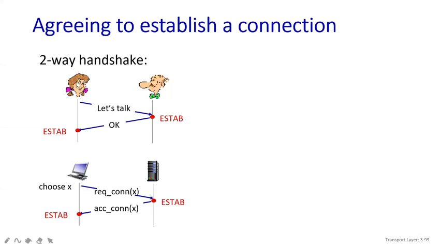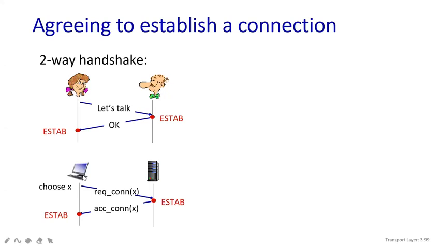Because the sender will send to the receiver, and the receiver will also send the acknowledgement to the sender. That's the reason this is a bidirectional handshake. So how are you going to do it? First you are going to send, let's talk. You are giving some state, active. Let's consider it as the active state. Now the receiver will send okay, which means that both are ready to discuss.